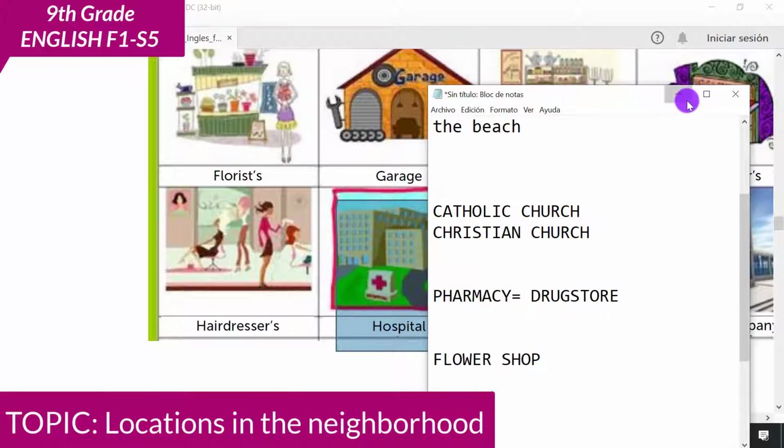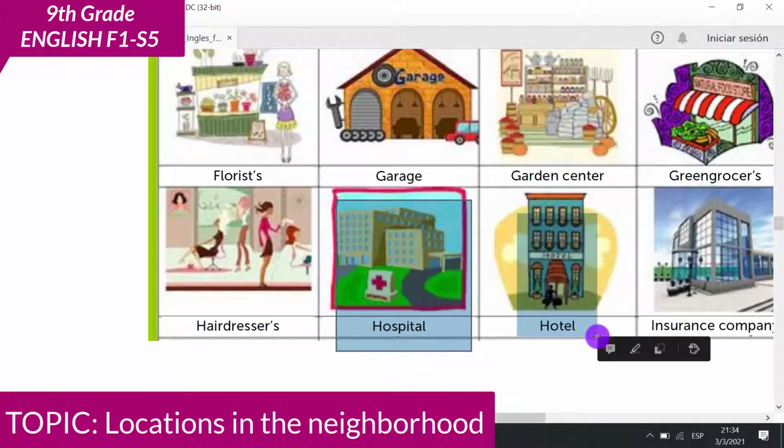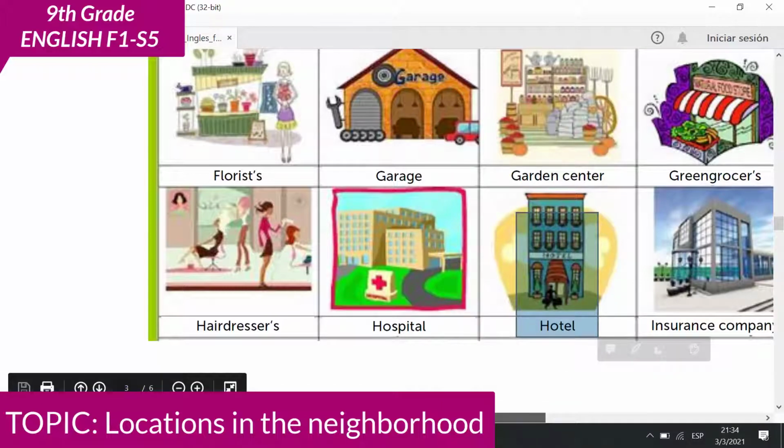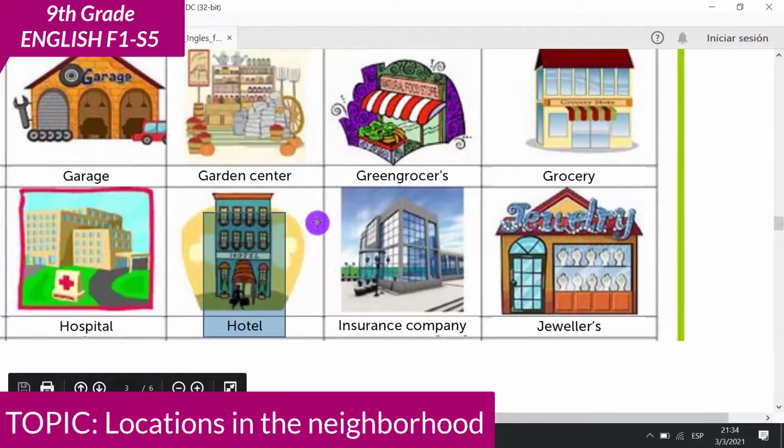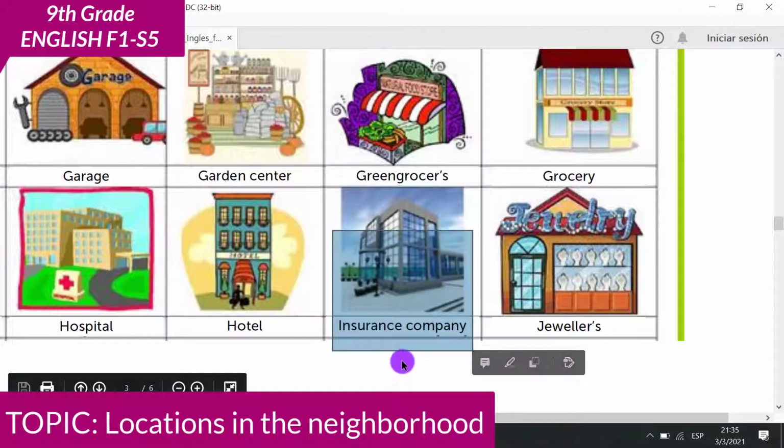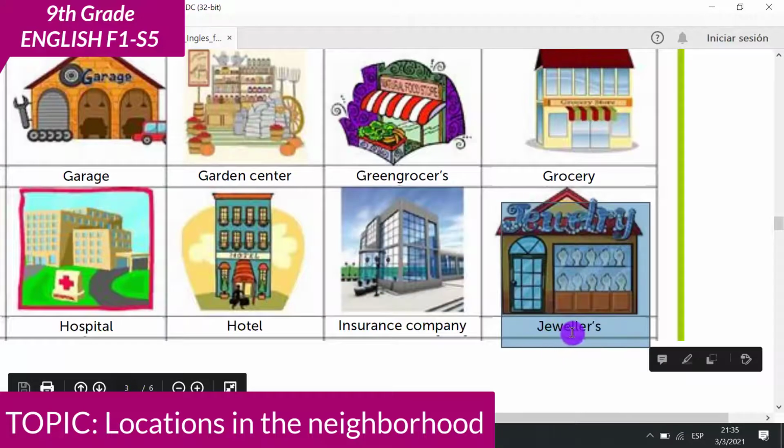Hotel. Insurance company, compañía de seguros. Jewelers, joyería.